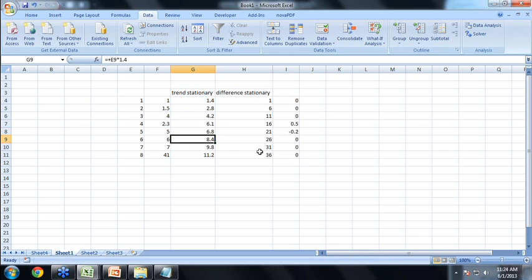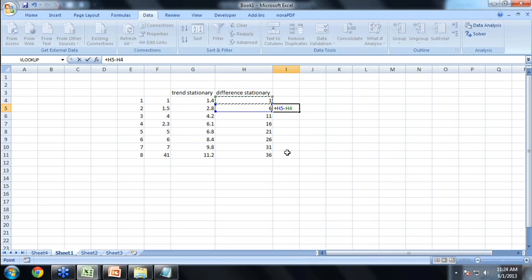But say if the values were like this, then this series would become stationary, right? So this is for trend stationary. The series is not stationary, but if we remove the trend, then it will become stationary. So that is doable. Another is difference stationary. In that, what we do is take the difference.